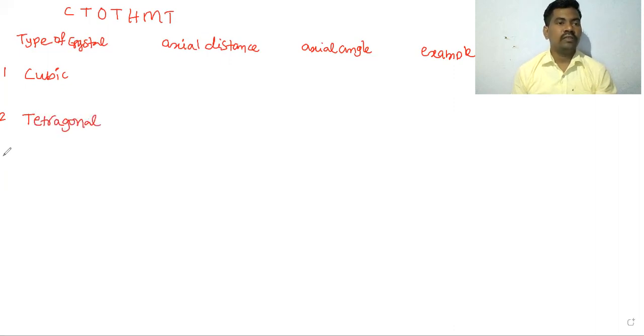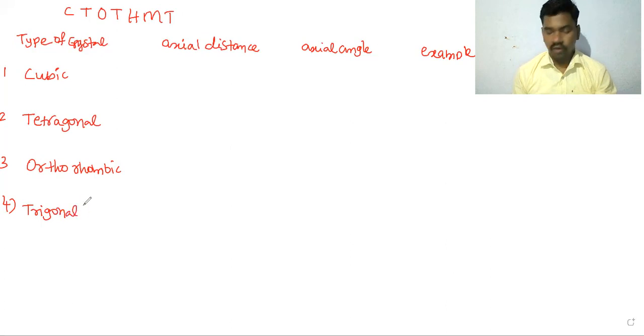Then the third one is orthorhombic. Then the fourth one is T, trigonal or rhombohedral.